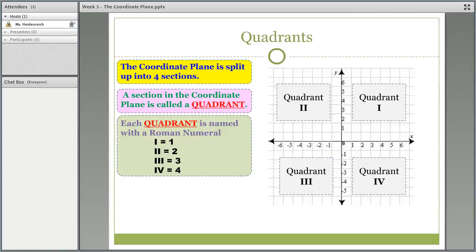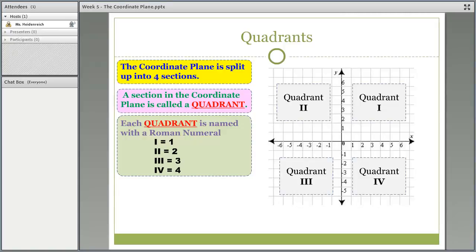Each quadrant is named with a Roman numeral, and these names of the quadrants always stay the same. So no matter what the problem is, quadrant 1 is always on the top right corner of the coordinate plane, quadrant 2 is on the top left, quadrant 3 is on the bottom left, and quadrant 4 is on the bottom right.